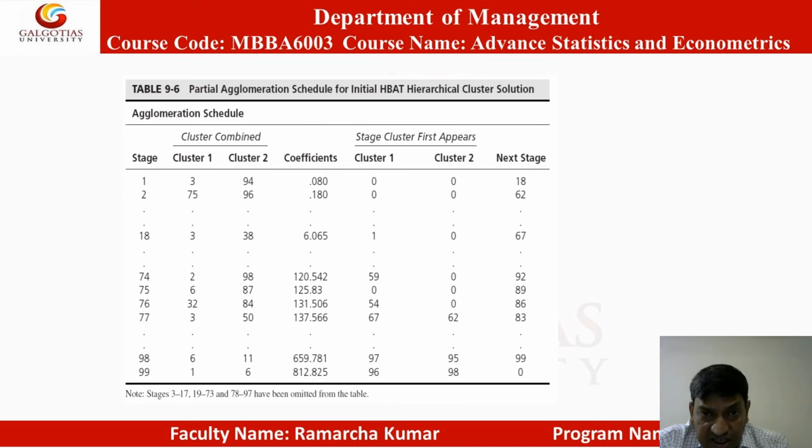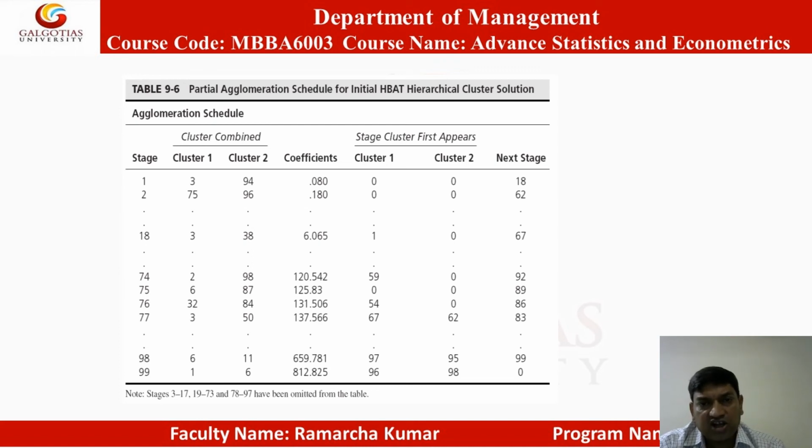So here is the example in which we are going to see that the clusters are combined at different stages, and after merging, when it will reappear in the next stage, and what was the last stage where it first appeared. This is just the agglomeration schedule.